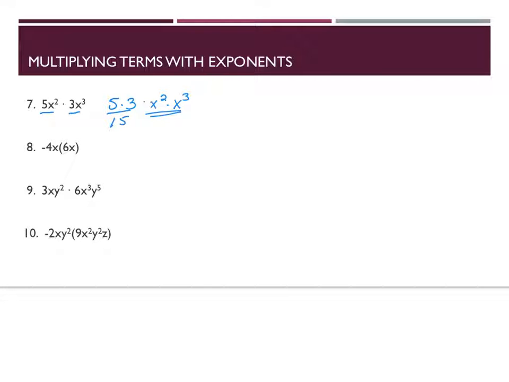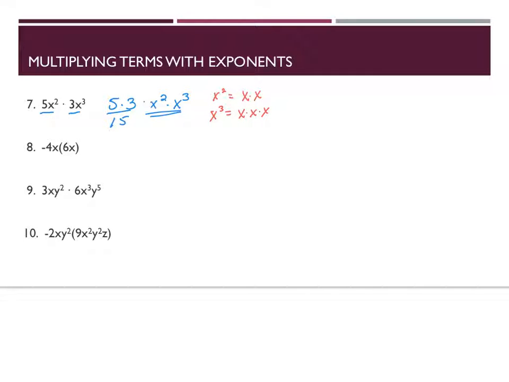But what happens with this business over here? Well, it's kind of easy to see if we expand it. If I look just at the variable part, x squared means x times x. X to the third means x times x times x.